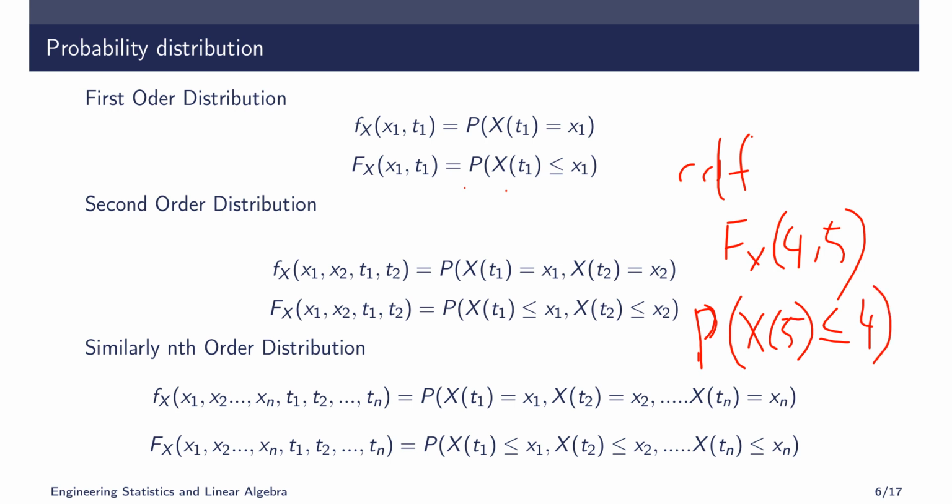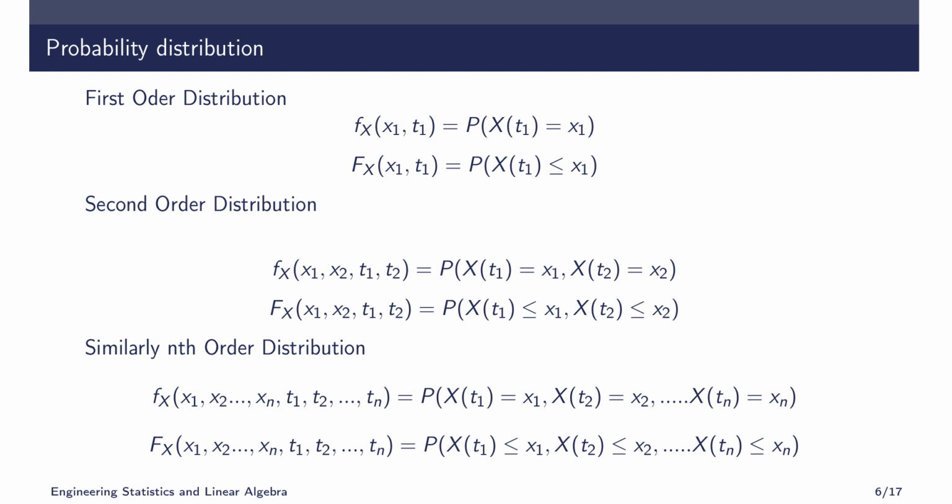That is nothing but the probability of getting a maximum of 4, that is 1, 2, 3 or 4, in the fifth minute's throw of the die. So at this time, what is the probability of getting either 1 or 2 or 3 or 4? That is called the cumulative distribution function.